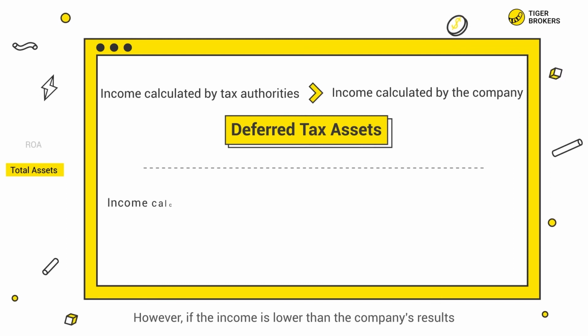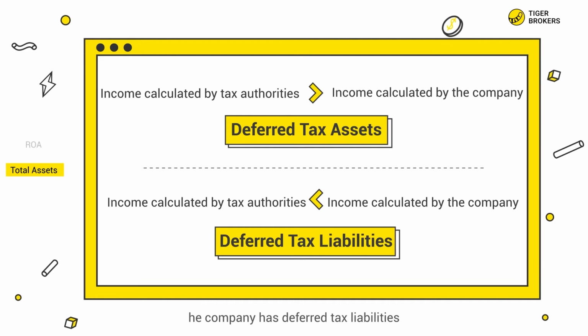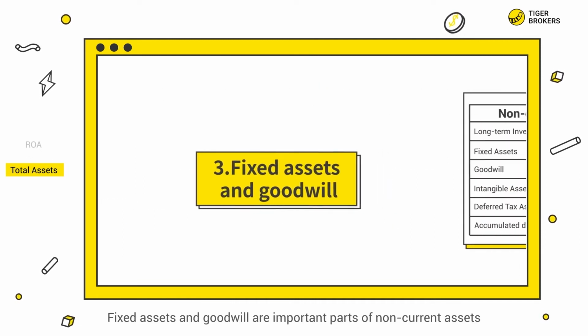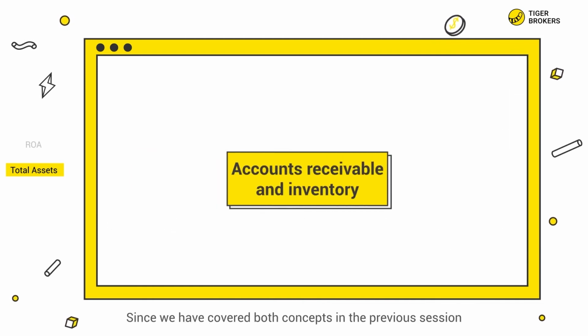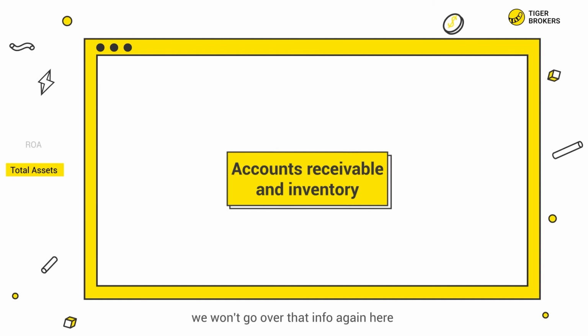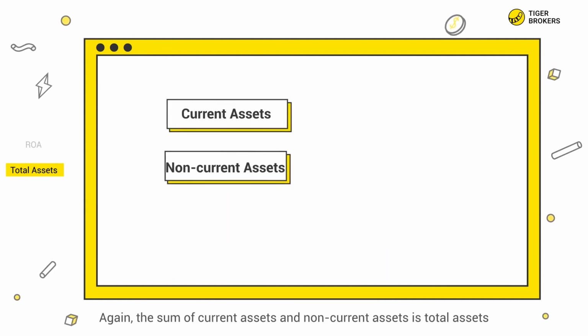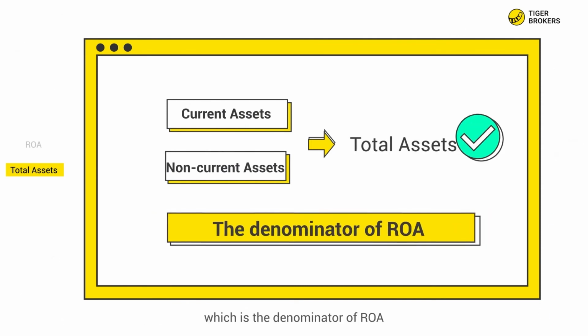However, if the income is lower than the company's results, the company has deferred tax liabilities. 3. Fixed assets and goodwill. Fixed assets and goodwill are important parts of non-current assets. Since we have covered both concepts in the previous session, we won't go over that info again here. Again, the sum of current assets and non-current assets is total assets, which is the denominator of ROA.